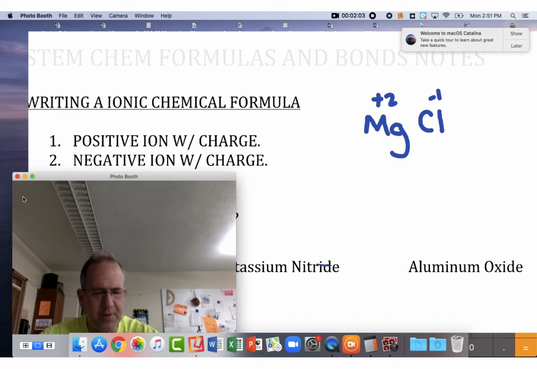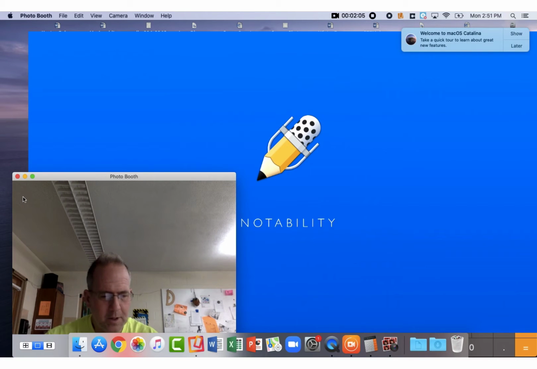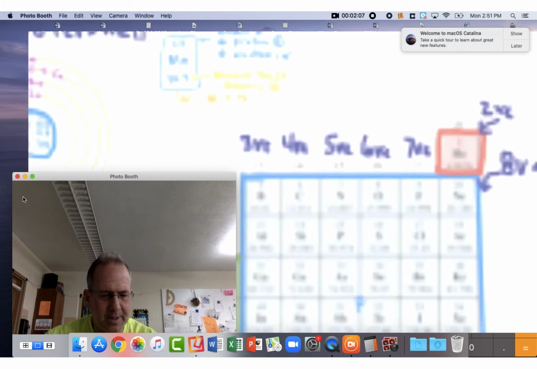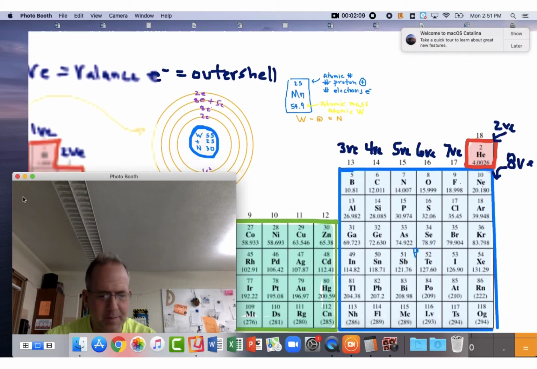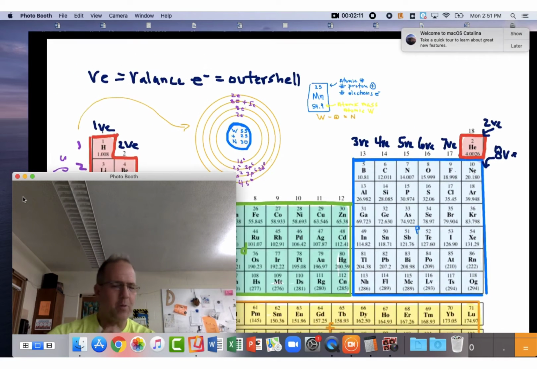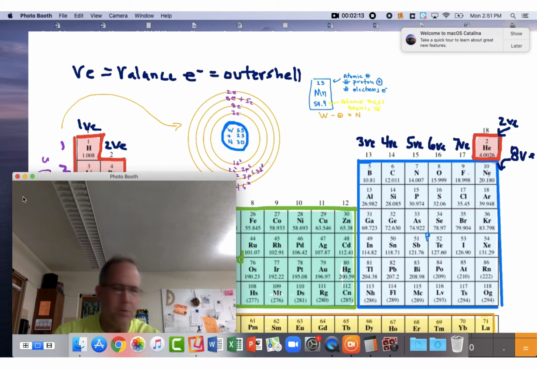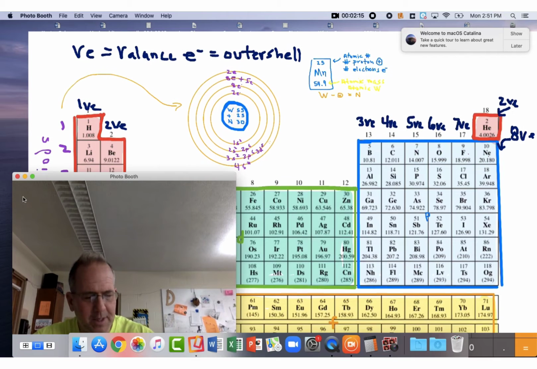One way that we found charges before was with the old periodic table. The way we pick charges, and this is for most of the elements on the table, is the first column, let's change that to a nice bright pink color. Everything below that, in that first column, is plus 1. The second column, plus 2.